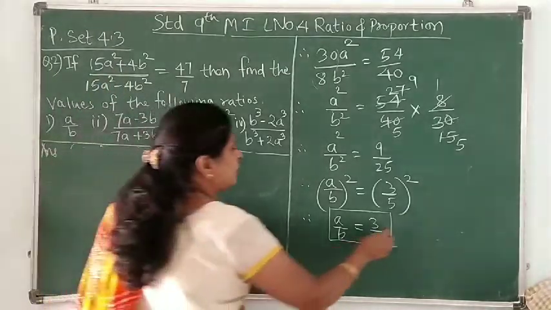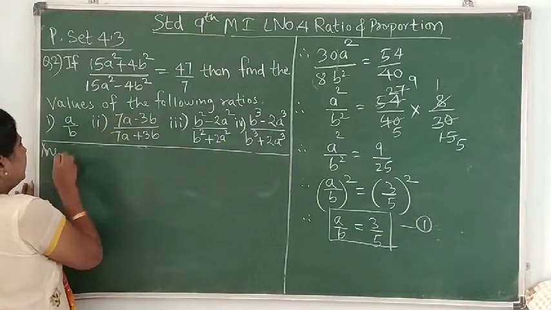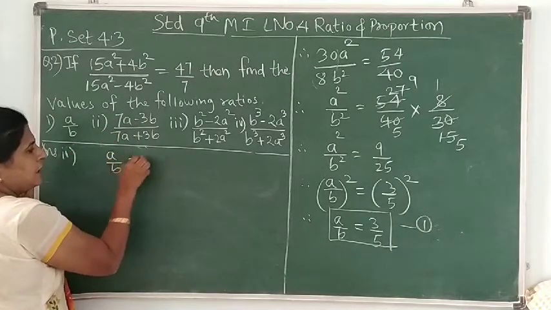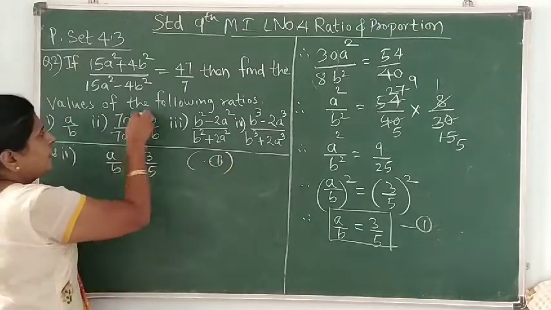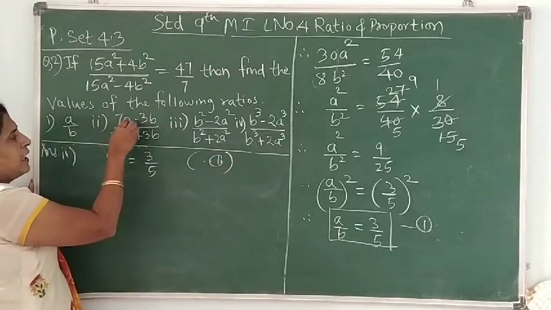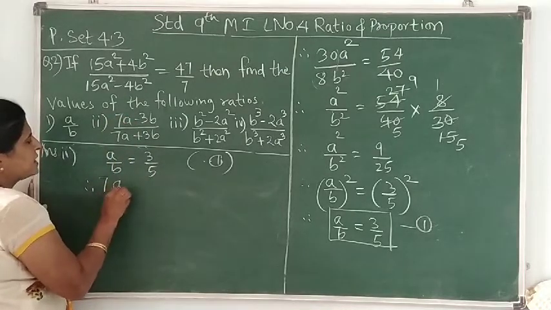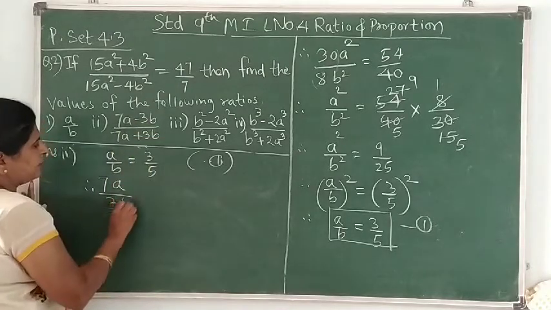Now here we have got this, so we can say it is statement number 1, and to find the answer of the second, we will start with a upon b is equal to 3 upon 5. This is from one statement. And now let's observe what you want: a is multiplied by 7. So here you have to write 7a upon 3b.